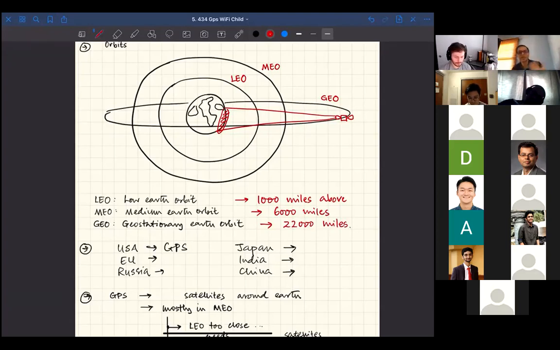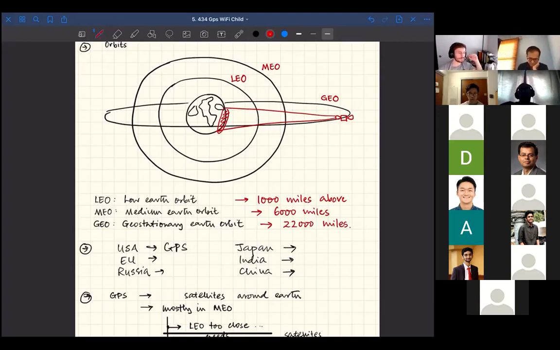Okay, so these are basically the three main classes of orbits, and satellites for various different purposes are put on these three classes of orbits.